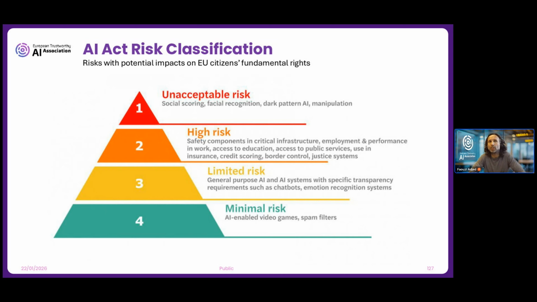In civilian systems we cannot use things like social scoring, facial recognition, or dark patterns, etc. Then we have high risk, limited risk, and minimal risk. High risk covers things like safety about health or airspace, etc. And of course, minimal risk like video games and spam filters.